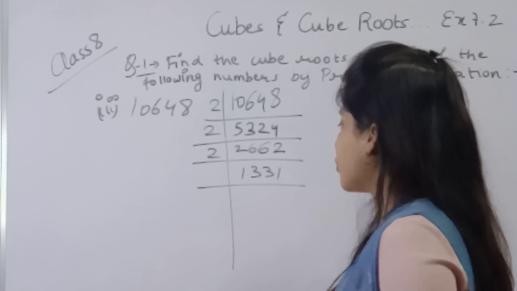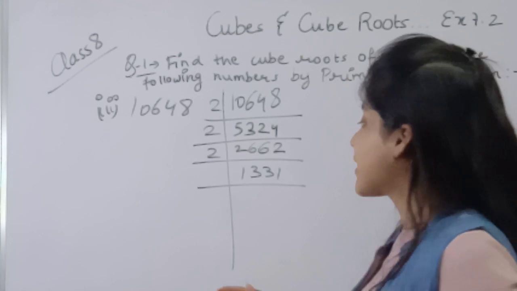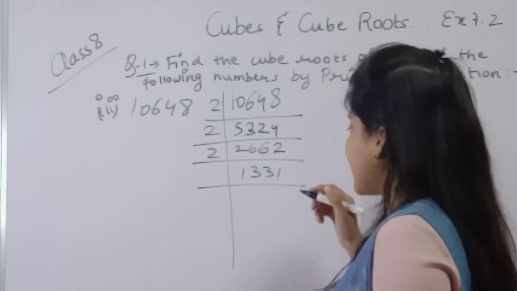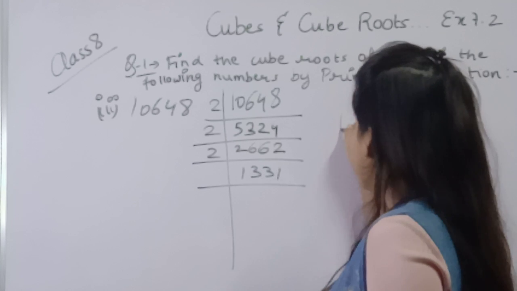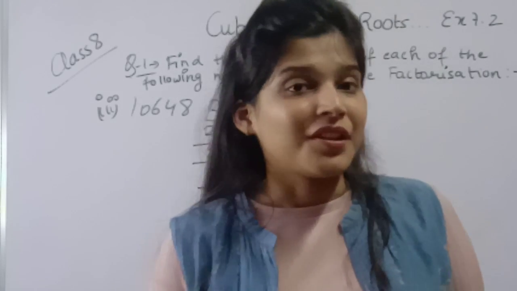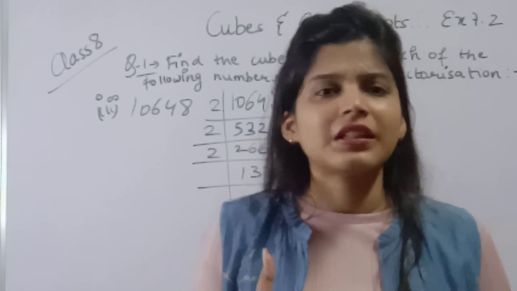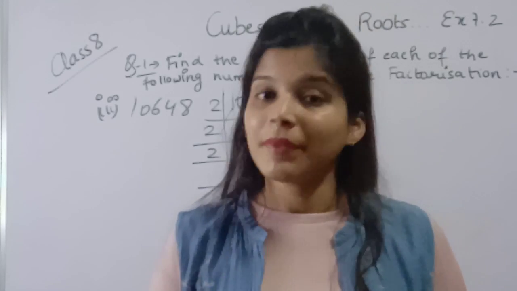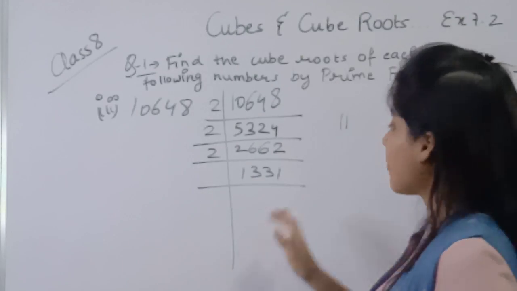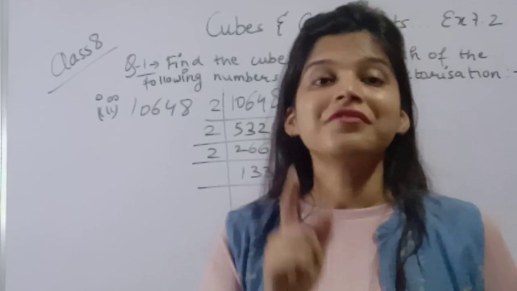No. 6. No. Children, 7, 8, 9, 10 also don't work, but let's check with 11 because 1331 is the cube of 11. So that's why I told you that आपको थोड़े बहुत 15 तक अराउंड क्यूब्स भी लर्न करने पड़ेंगे. अगर हमें लर्न है तो हमें देखते ही पता चल जाएगा that yes, 1331 is the cube of 11.